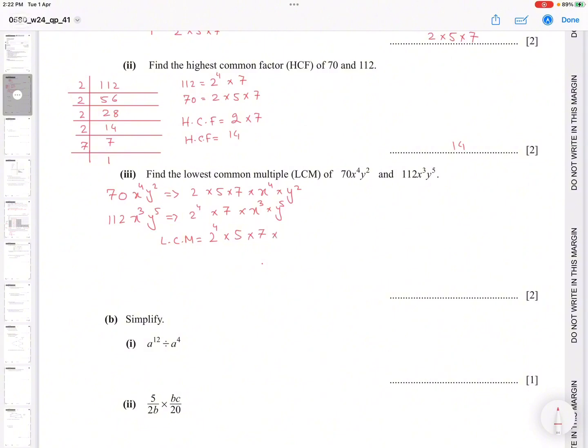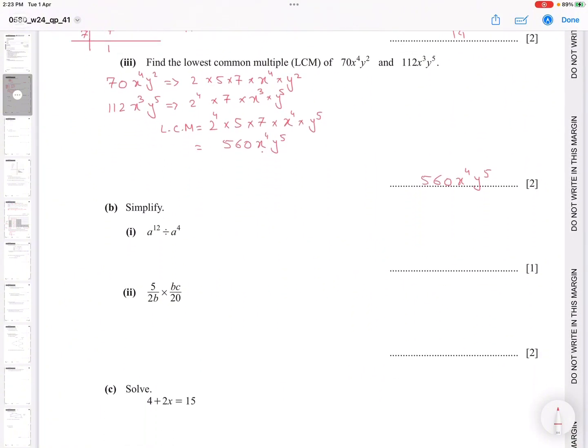From x power 4, x power 3, we will pick the larger one, which is x power 4. And from y power 2 and y power 5, we will pick y power 5. So now you can write 2 power 4 into 5 into 7 is 560, x power 4, y power 5. This would be our answer, 560, x power 4, y power 5.